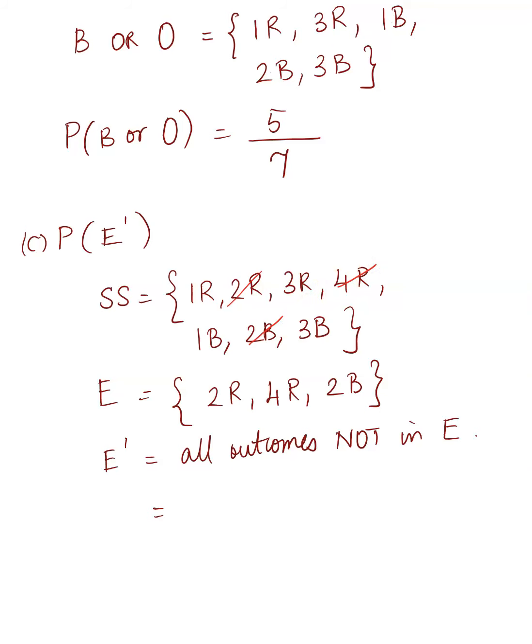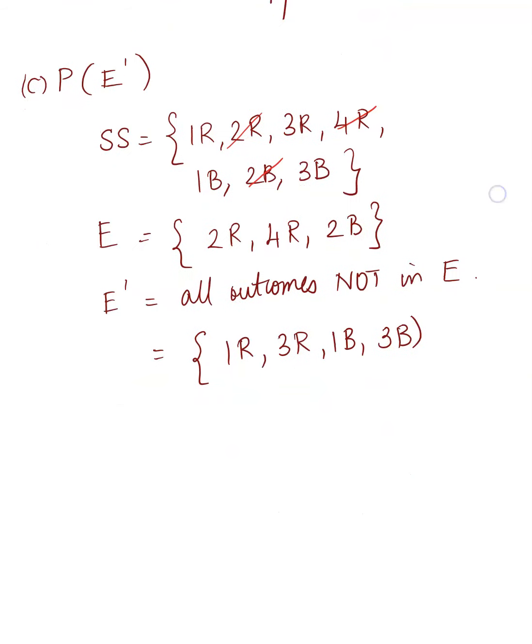So that's why I like to put the sample space up there, so it helps me to collect what I need. So I have 1R, 3R, 1B, and 3B. So it's basically trying to find probability of E prime, which is 1, 2, 3, 4. 4 outcomes from E prime divided by total outcomes 7.